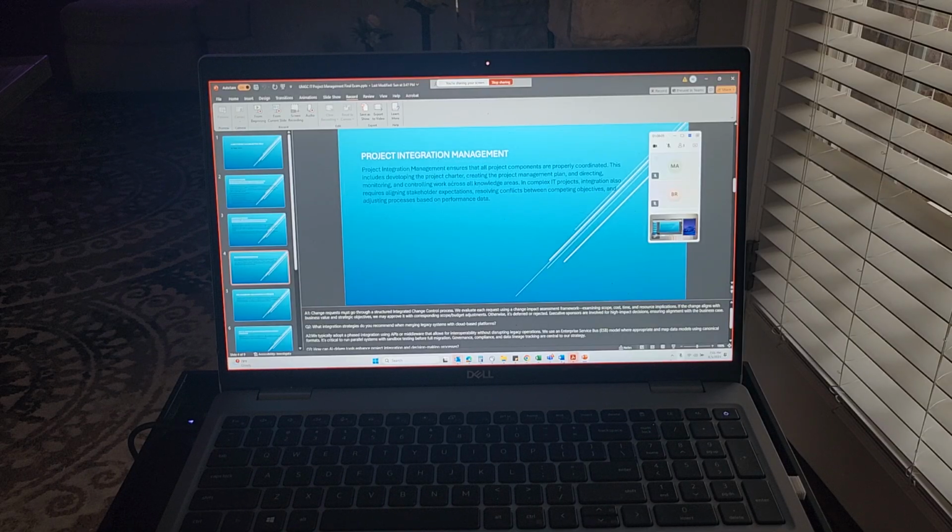We use enterprise service bus, or ESB, models where appropriate and map data models. It is critical to run parallel systems with sandbox testing before migration. Governance, compliance, and data lineage are central to our strategy.